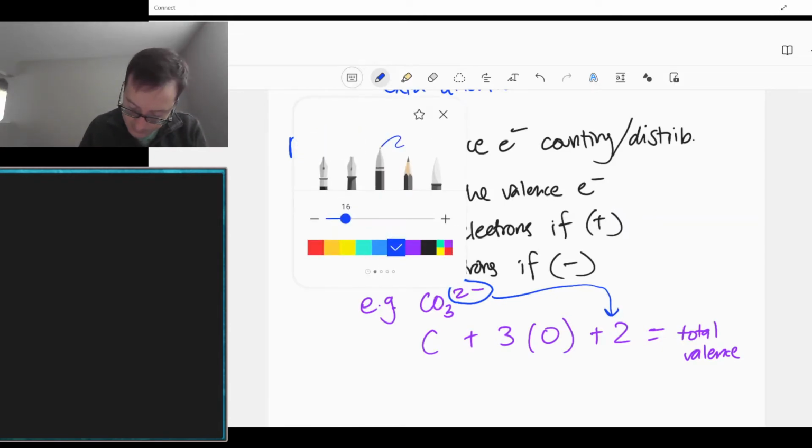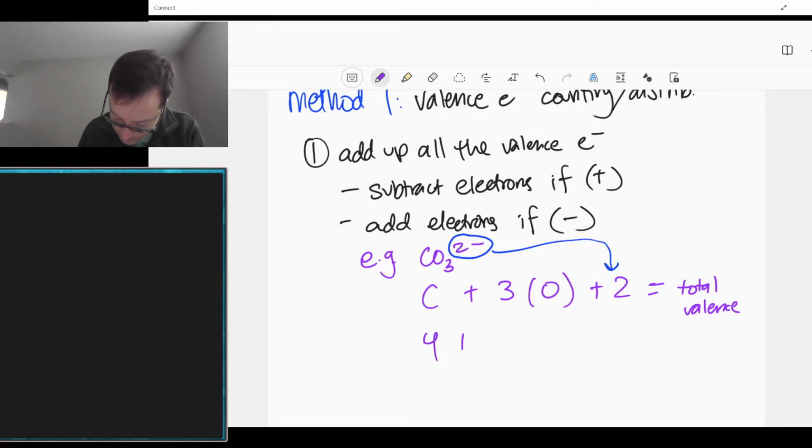So the total valence for this ion would be 4 plus 3 times 6 plus 2, which is, I can do the math, 24.